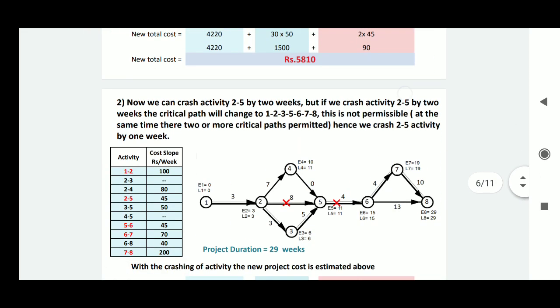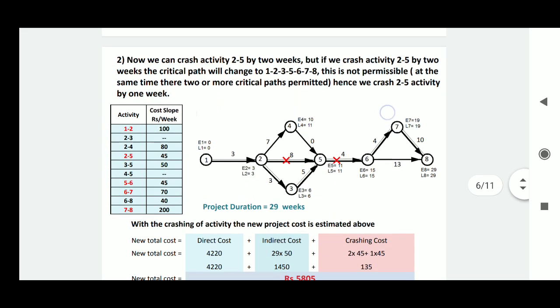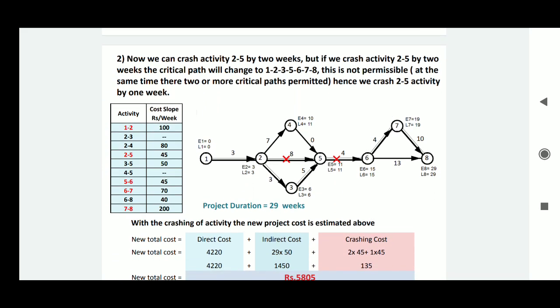Now we will see, again we are crashing. As we have crashed activity 5 6, now we will crash activity 2 5.